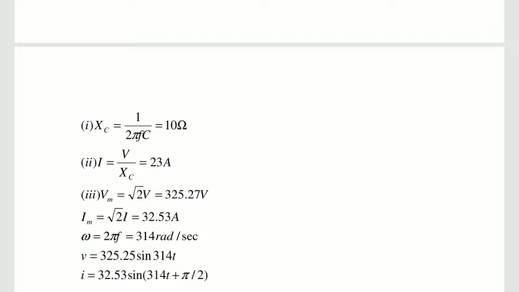Here Im is 32.53 and omega is 314 t. Substituting in the instantaneous current equation, i is equal to 32.53 sin(314 t plus pi by 2). So the current is 90 degrees leading.